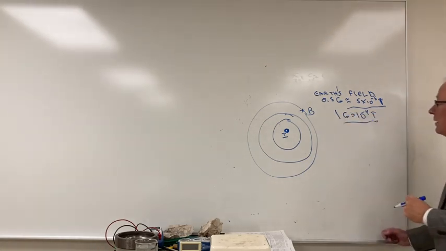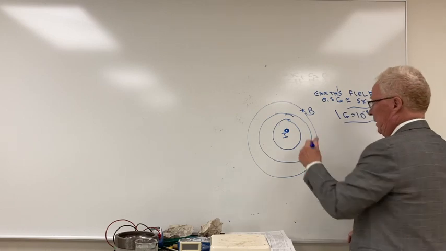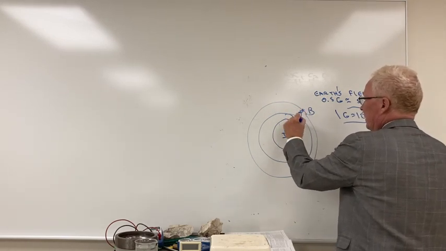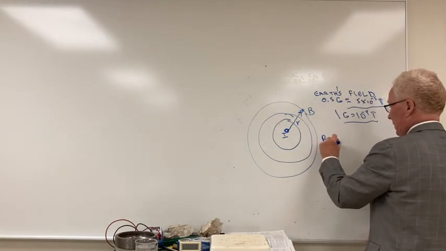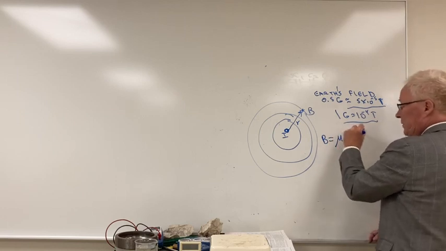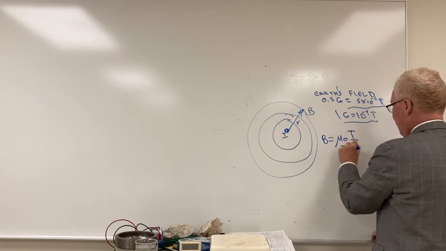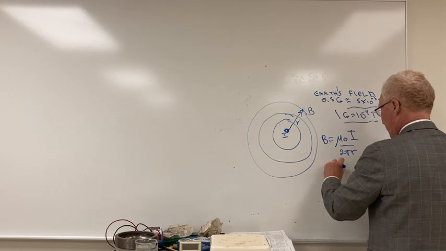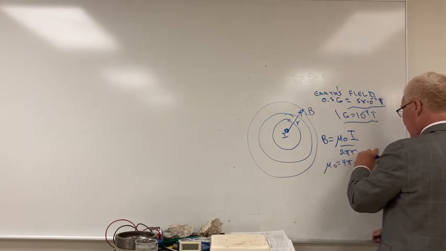Okay? So if I have this wire and I have a current coming out, what's the magnetic field a distance r away? Well, it turns out B is given by this expression, mu naught times I over 2 pi r, where mu naught is 4 pi times 10 to the minus 7th.